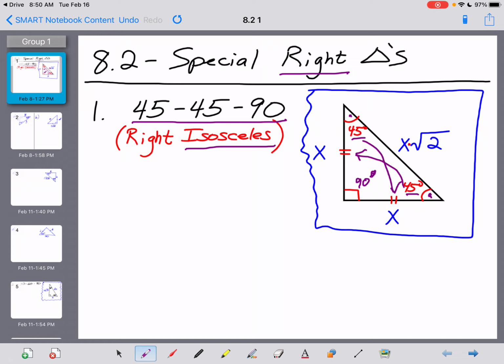And as I said earlier, the fact that it has a 90-degree angle makes it a right triangle. So a 45-45-90 triangle is the one and only isosceles right triangle. It's the only triangle you could ever draw that is both isosceles and has a right angle in it. So that is what a 45-45-90 triangle looks like.